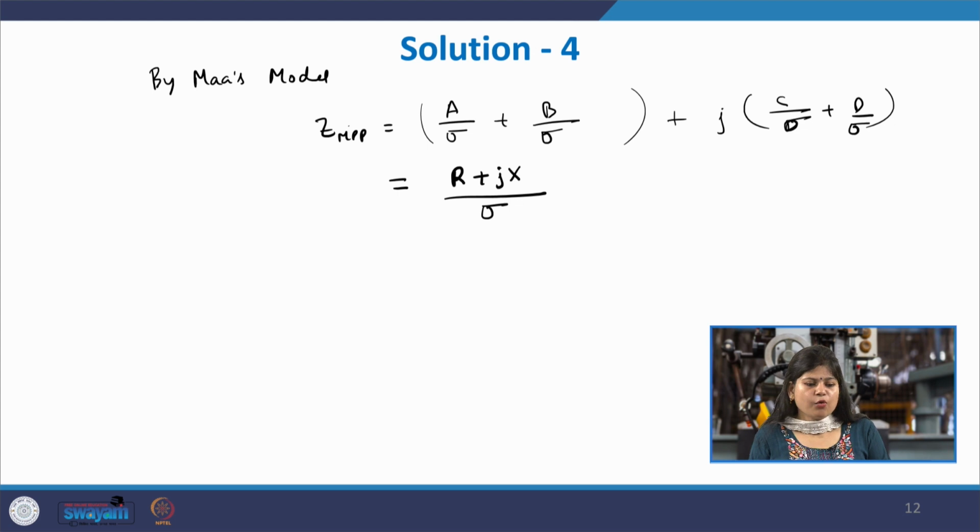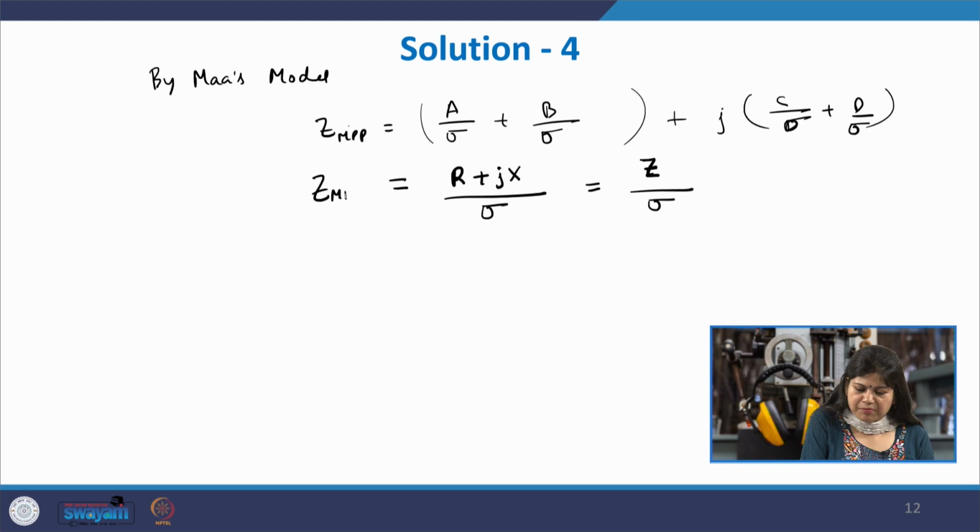This is how, by using the mass model and that equation, we can simply take all the other complicated terms which are independent of porosity together as a constant and just see how it depends on porosity. So, all other parameters we will take as constant. What we will get is some constant complex number divided by the porosity; that is your Z of MPP.